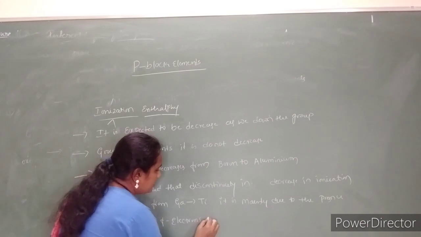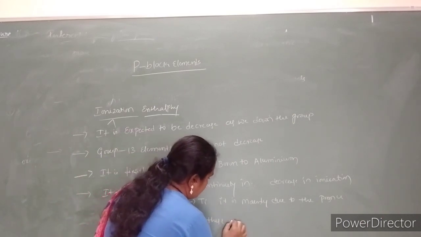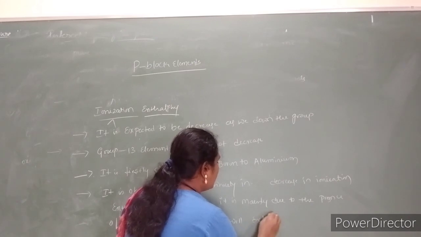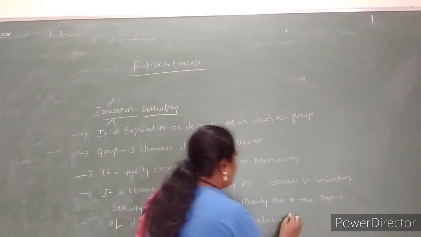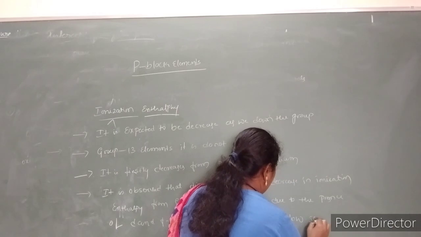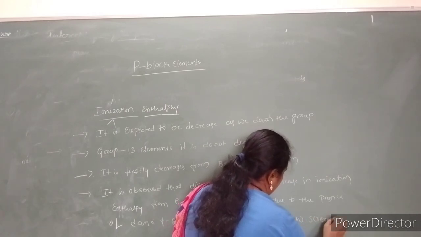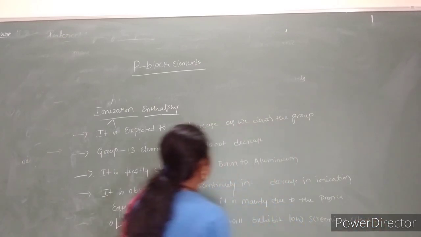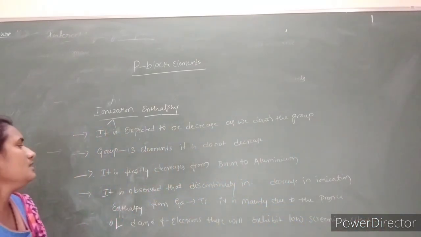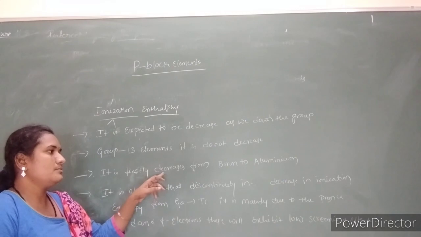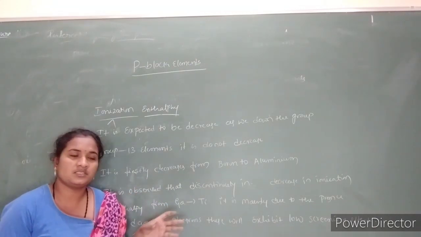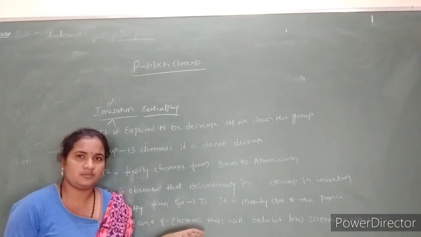This will exhibit a low screening effect. So that's why it should only decrease from boron to aluminum, but it fluctuates from gallium to thallium.